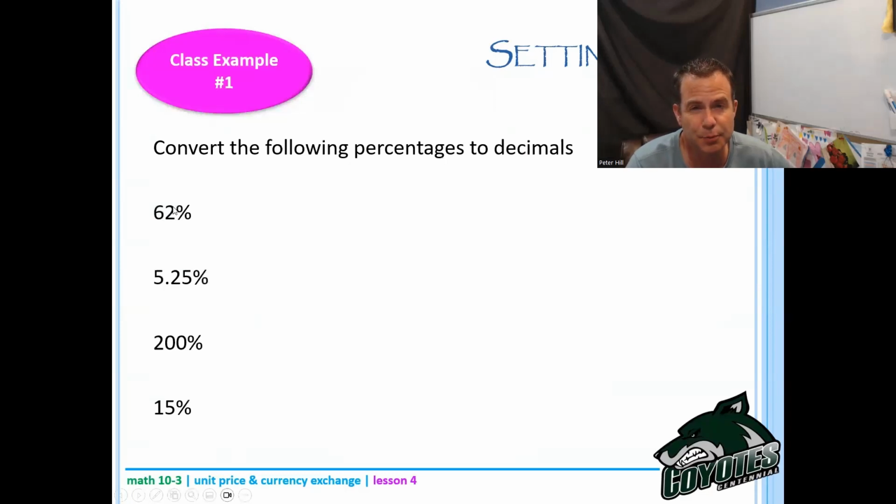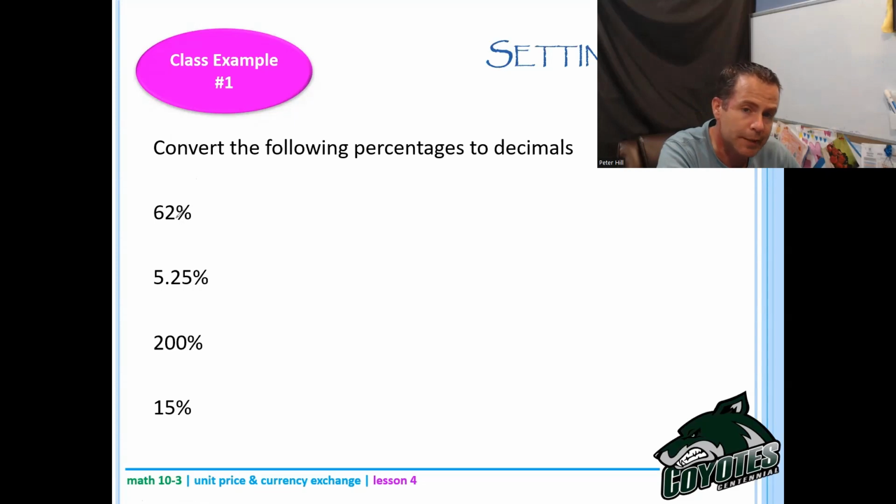So we got 62%, that's the same as 62 over 100, and then we could divide the top and the bottom. The other way to look at it is if it's over 100 that actually just means divide by 100. And when we divide by 100, all we actually do is move our decimal place to the left 2 units.